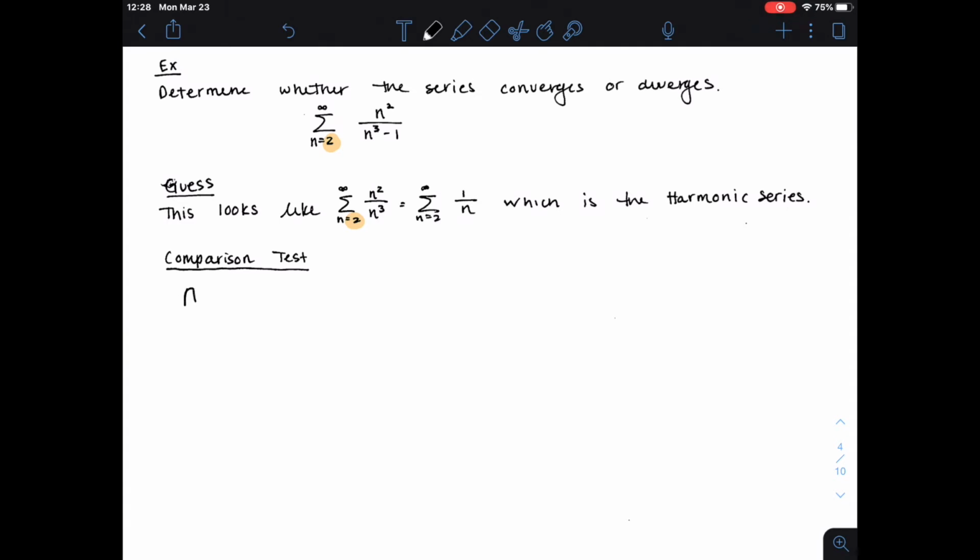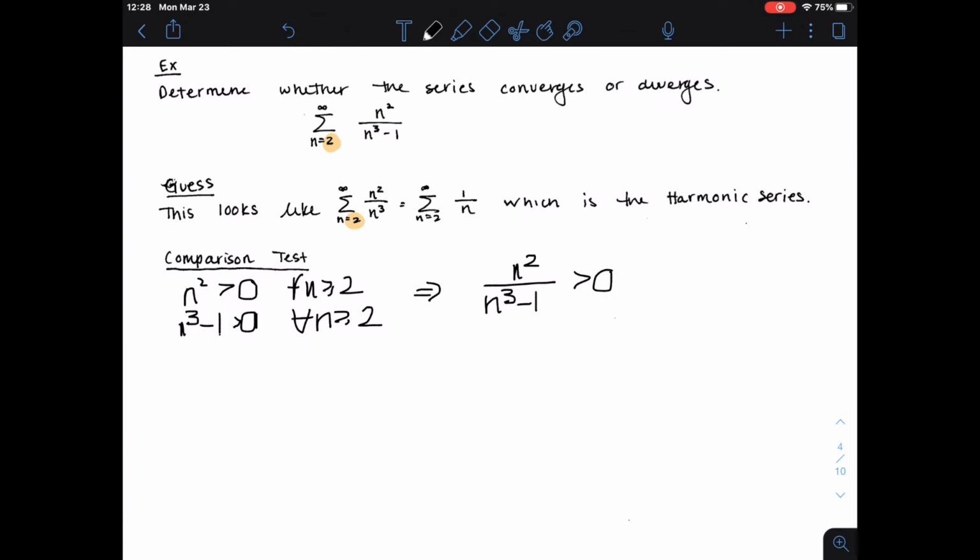So we've got n squared. That's definitely greater than 0. And in this case, it only has to hold true for n greater than or equal to 2. Then the denominator, n cubed minus 1, is definitely greater than 0 for all n greater than or equal to 2. So when you look at the ratio of these two, n squared over n cubed minus 1 is also positive.